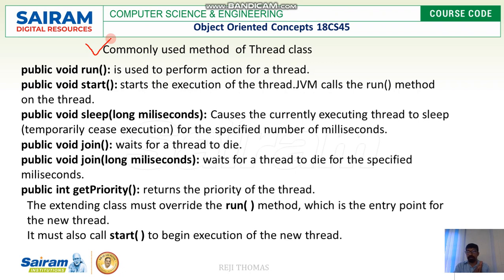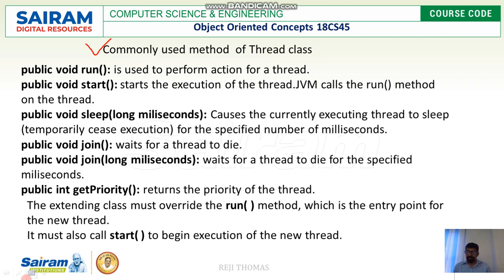There is an important method called start. The start method starts the execution of a thread, which in turn calls the run method. In no place can you find a direct call to the run method, which is taken care of by the method called start.